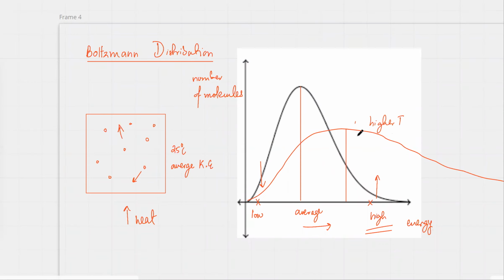And similarly, what happens if you decrease temperature? If I start cooling this, now you'll have more particles having low energy. So the curve would start to rise sharply. One second.